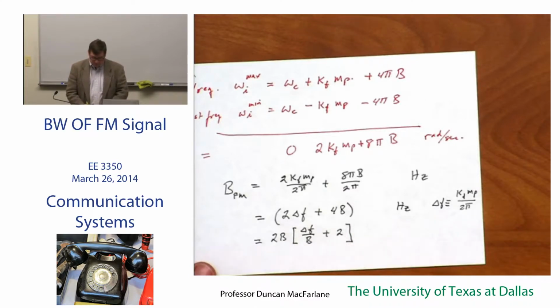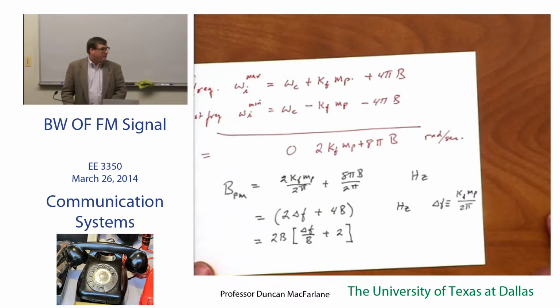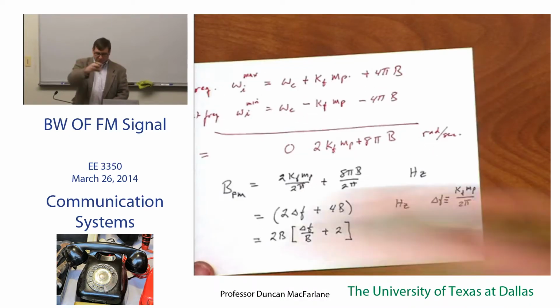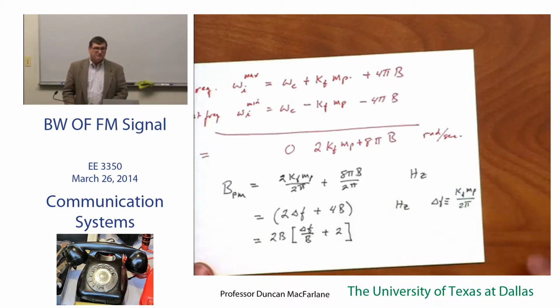Then I'll factor out a B. That means I pull this and I have to divide that one by capital B. And this is nice because this gives me a dimensionless number. Hertz over hertz. The hertz of the top of the sinc function, the wiggle of the sinc function, normalized to the bandwidth of my signal.